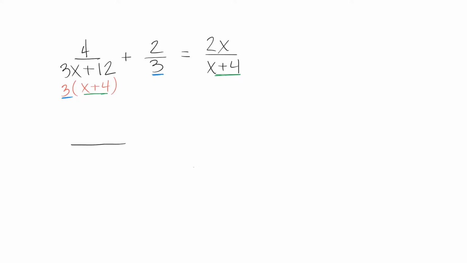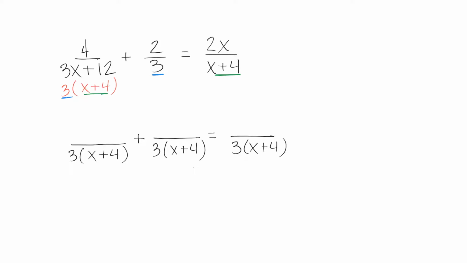So my common denominator, and I'm going to write it in factored form so it's a little easier to see. So the key was knowing to factor there. So 3 times x plus 4, and then 3 times x plus 4. So now, same process. What did you need to multiply by here? Nothing. That was our common denominator, so we're going to leave our 4.